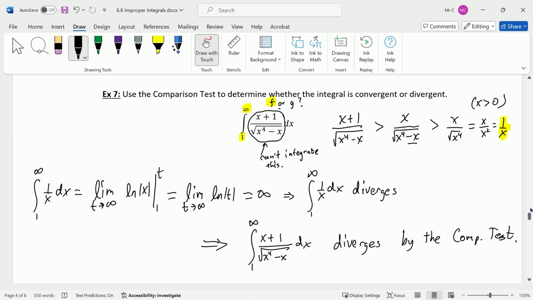Determining that one of these improper integrals is convergent by using the comparison test may not allow me to compute the actual value, but it tells me that I could possibly get good approximations using approximation techniques. So this is sort of like dotting our I's and crossing our T's before wasting time trying to approximate one of these functions.